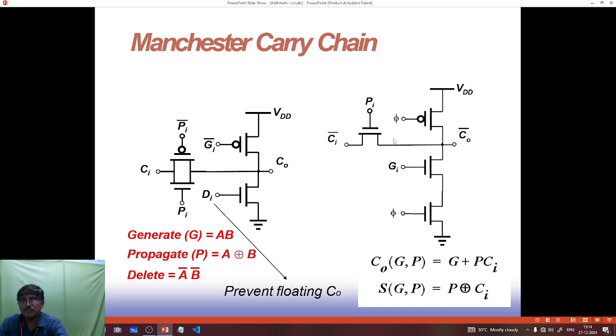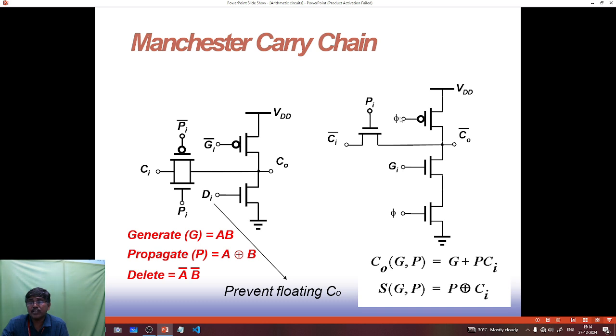Here, same as before, it is Ci bar and Pi, and there is a PMOS circuit and a generate NMOS circuit, and there is a clocked input. Based on the clocked input we are connected to the NMOS circuit. Suppose the clocked input is 1, what happens? This will be connected to the Gi, provided Gi is equal to 0 or 1.